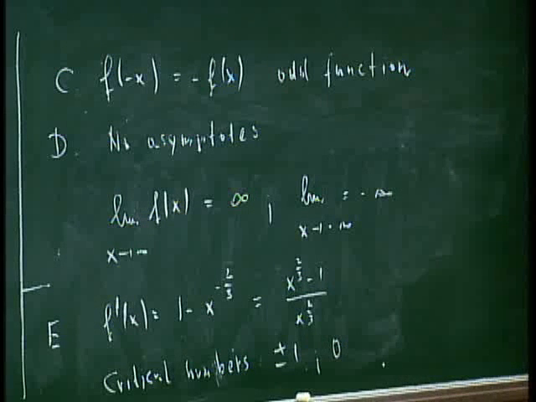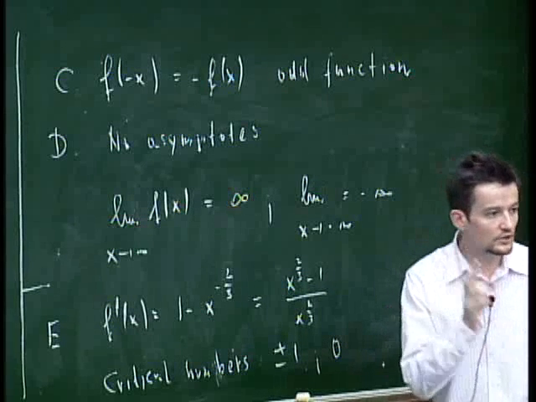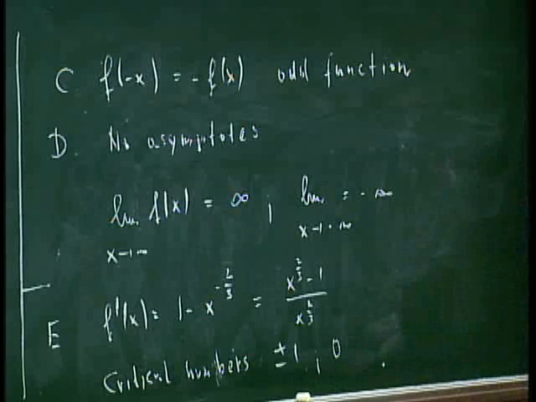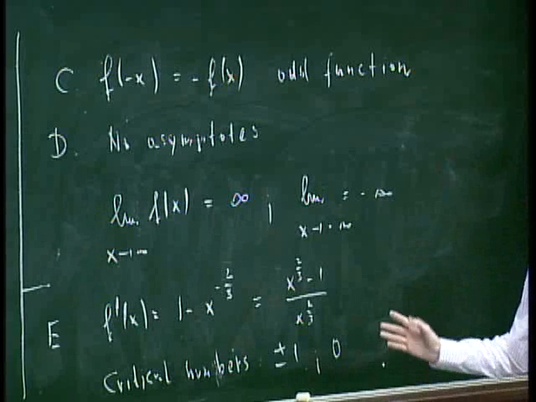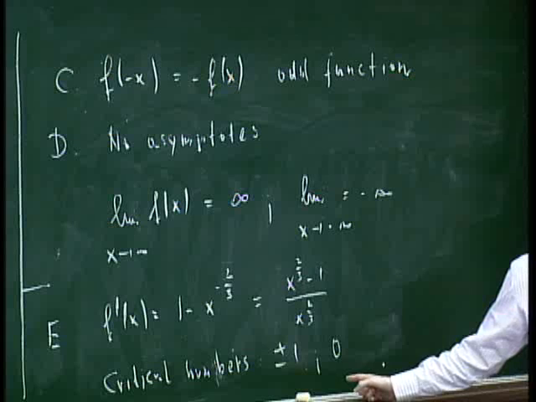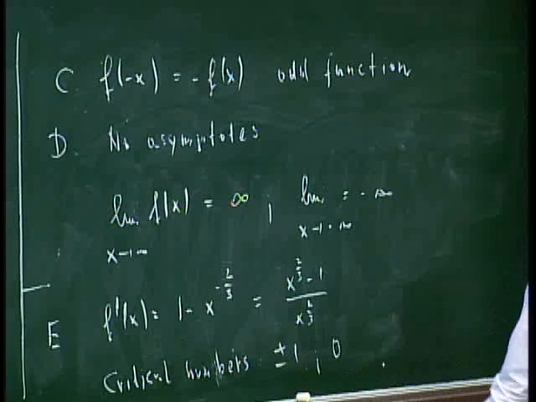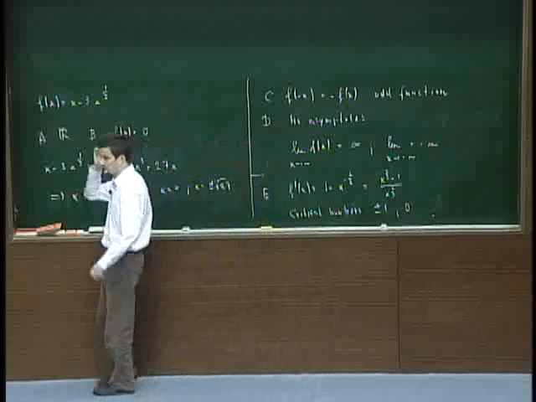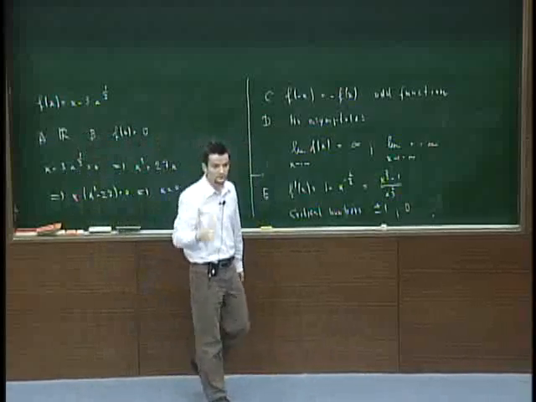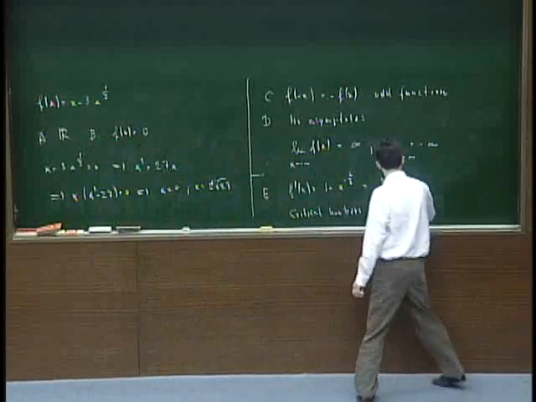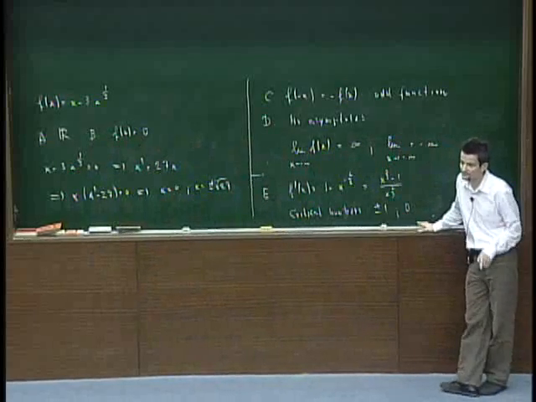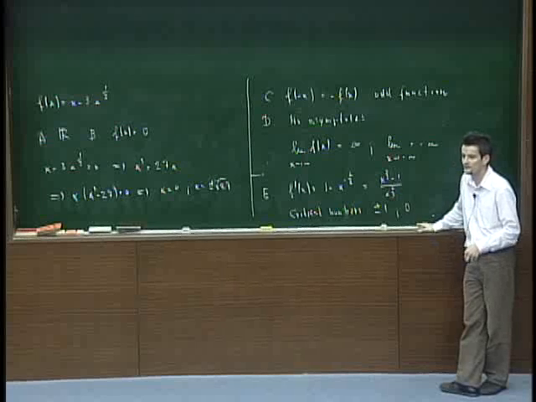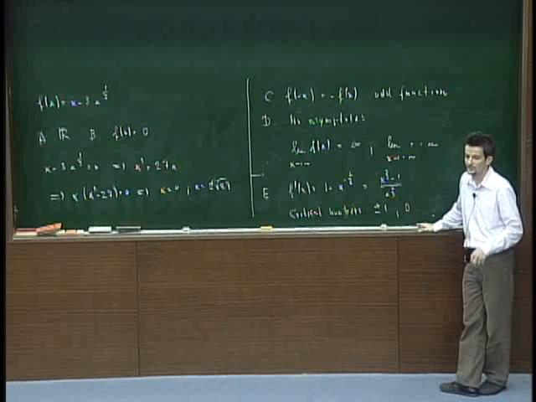We know that local extrema can only occur at critical numbers, so all the extrema can only occur here. I remember that last time, in the in-class homework, we had an example similar to this one, and quite a lot of students forgot that it is not enough to compute the derivative and equate it to 0 in order to find the critical numbers.